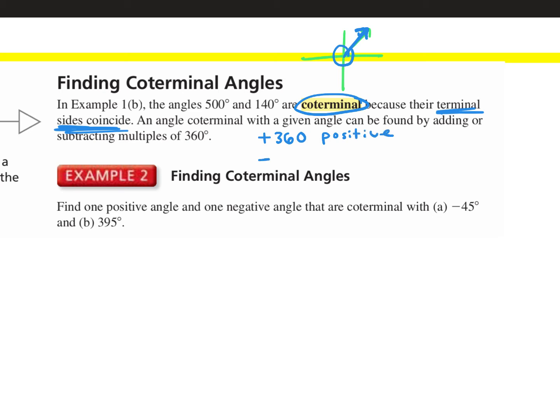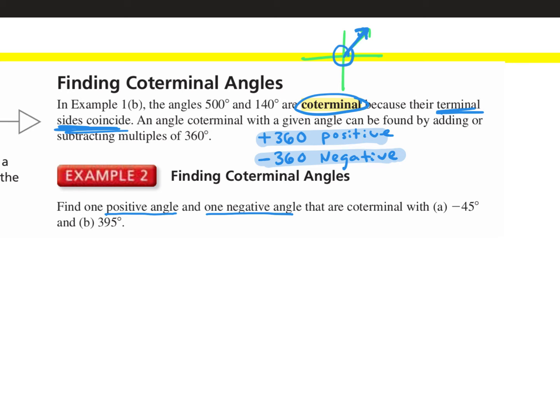To find our negative, we would subtract 360. And all of these questions about coterminal angles are going to ask you for a positive angle and one negative angle. And I'll get to an example where why it's not all the time that you do this. You'll see.